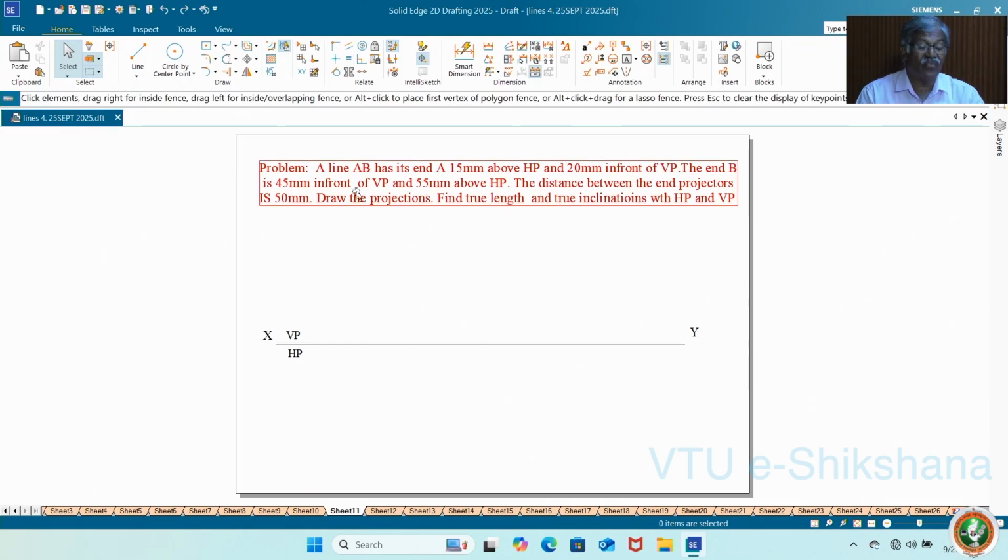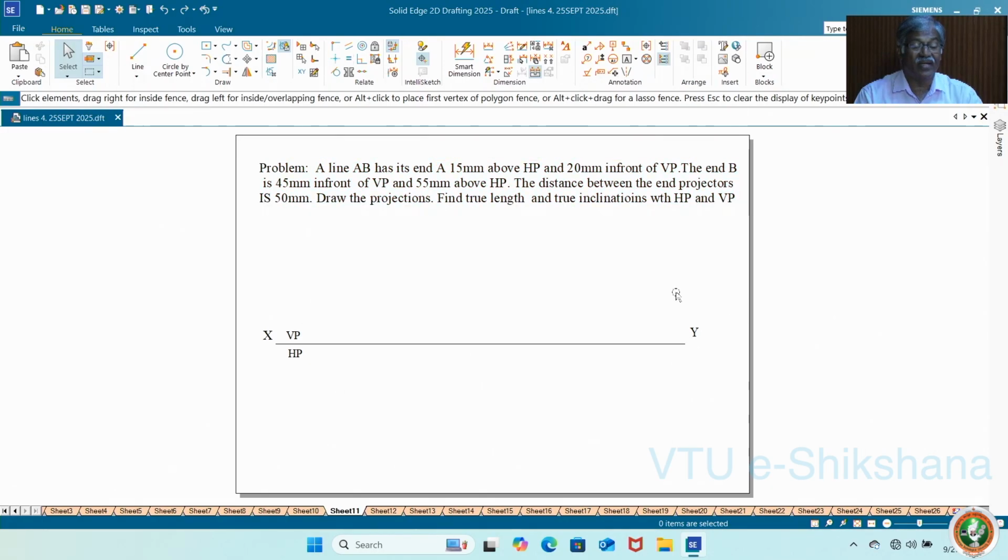The end B is 45 mm in front of VP and 55 mm above HP. The distance between the end projectors is 50 mm. This is a simple problem again, with a different data set from the seven parameters plus one parameter, distance, that I identified earlier, but the distance between end projectors is given.